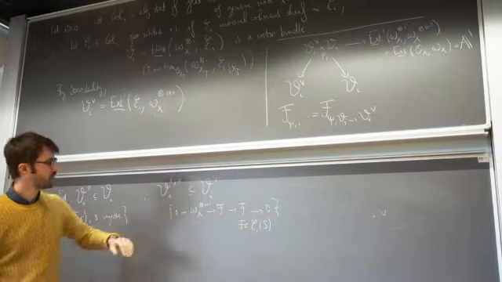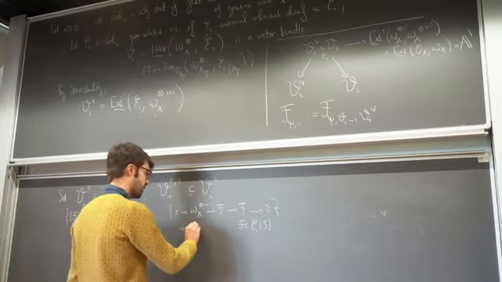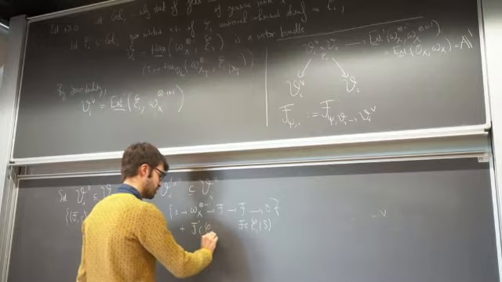So this is what V_I dual parameterizes. I want to add the condition that F prime also belongs to C_I plus 1.